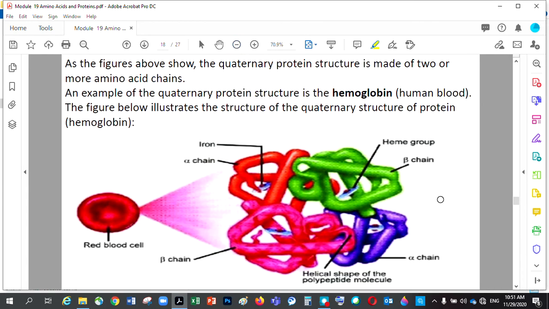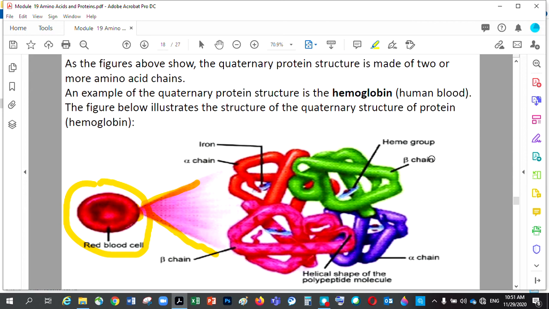Here is an example of a red blood cell. If we take one small tiny intersection and blow it up, it gives us all this. So this is a red blood cell. What is in this intersection? Well, it turns out this is a quaternary protein, correct?